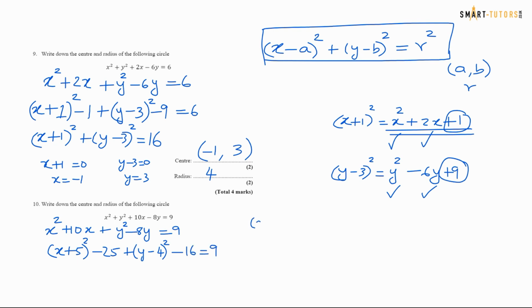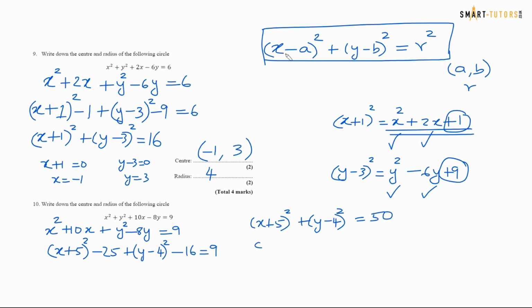Now rearrange the formula. So x plus 5 whole thing squared plus y minus 4 whole thing squared, minus 25 with minus 16 is minus 41, and that minus 41 goes to the other side as plus 41. 41 with 9 is 50.